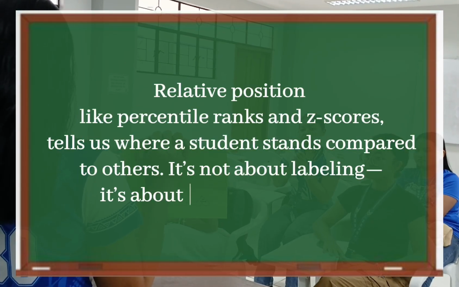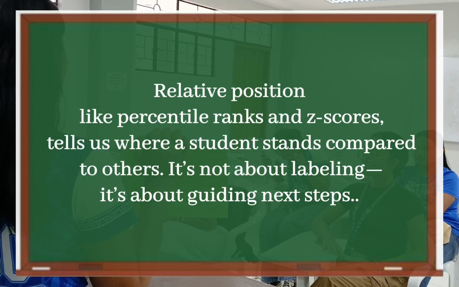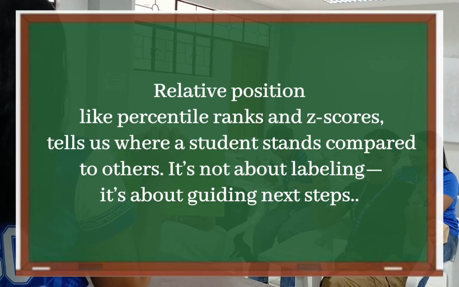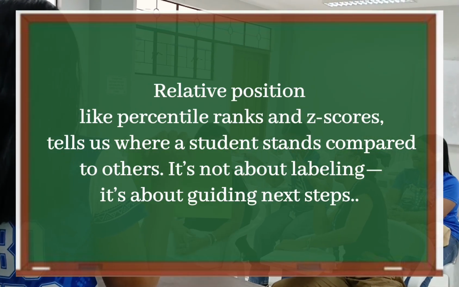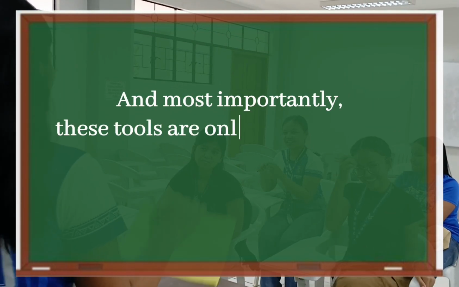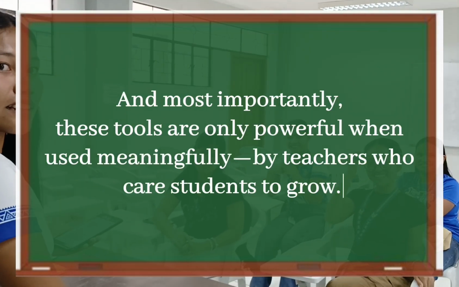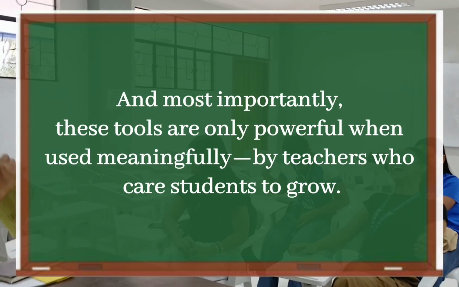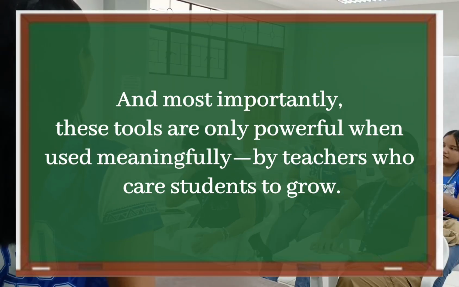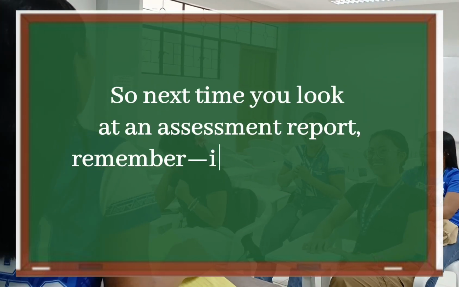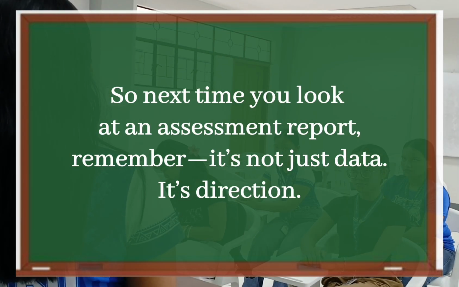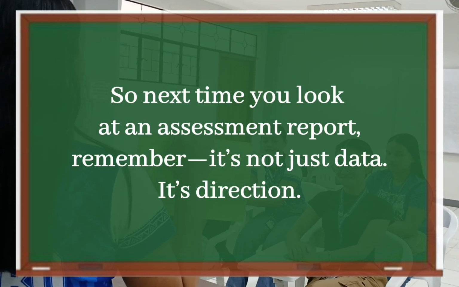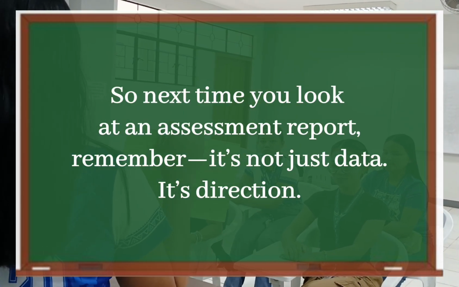Relative position like percentile ranks and z-scores tells us where the student stands compared to others. It's not about labeling, it's about guiding next steps. And most importantly, these tools are only powerful when used meaningfully by teachers who care for students to grow. So next time you look at the assessment report, remember, it's not just data, it's direction.